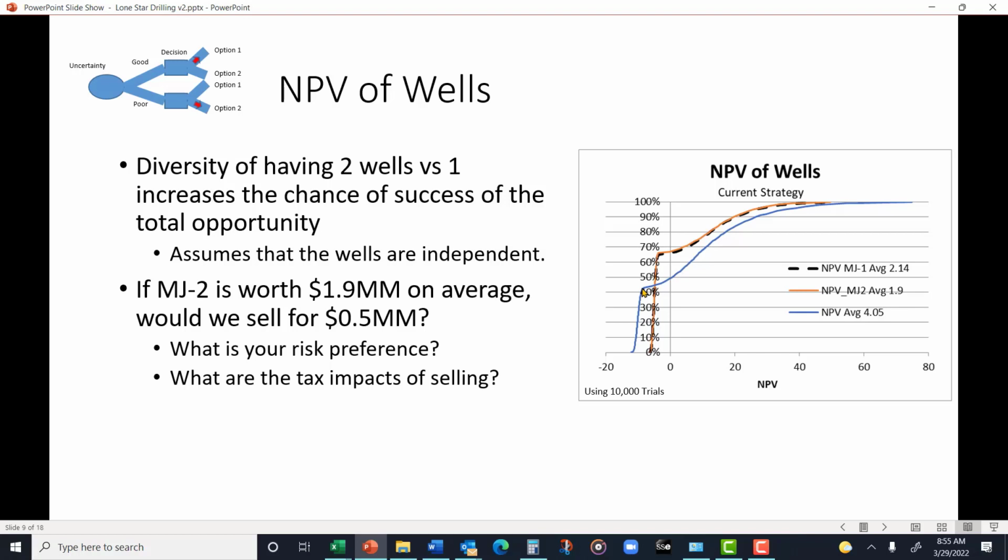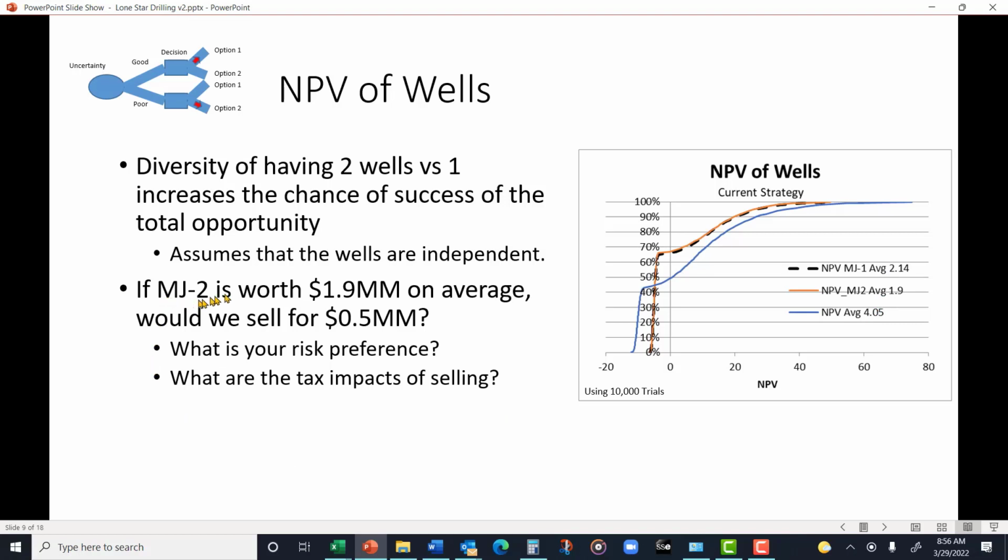The possibility to develop one or the other looks to be more like 42%, or excuse me, 1 minus 42%, which would be 58%, if I did that right in my head. And we can see the expected values are 2.14 for MJ1, 1.9 for MJ2, and 4.05 for the combined, which would be the combination of these things, right? Expected values added.